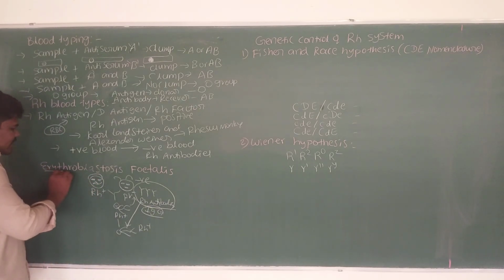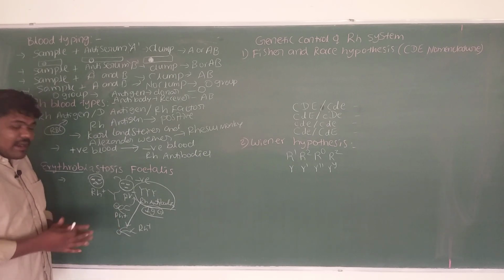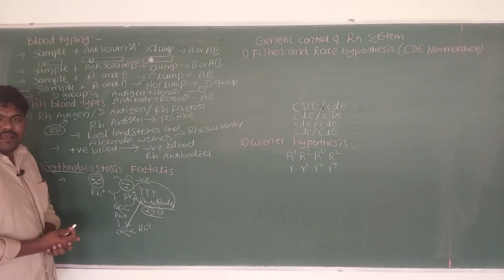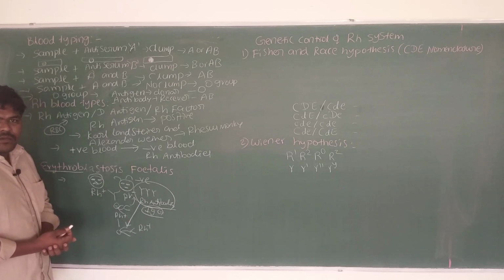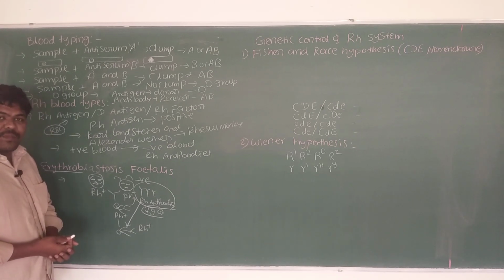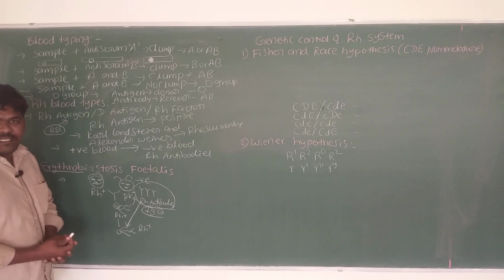Why is it called erythroblastosis fetalis? Here a lot of red blood cells will die because of Rh antibodies. Hence the fetus's bone marrow, and apart from bone marrow, the liver and spleen, all will produce extra red blood cells.